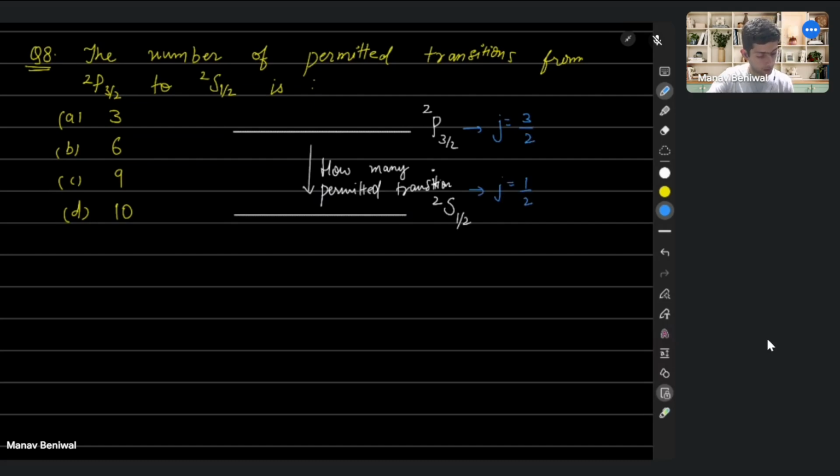Okay, so let us write for 2p3/2, our mj goes from minus j to plus j, right? So minus j, minus j plus 1, minus j plus 2, and then plus j.